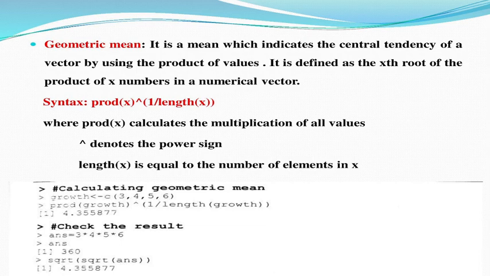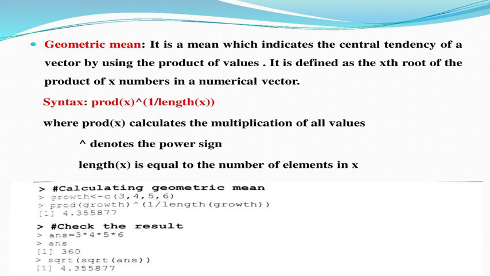The syntax is prod(x)^(1/length(x)), where prod(x) calculates the multiplication of all the values, ^ denotes the power sign and length(x) is equal to the number of elements in x. The first command shows that geometric mean for 3, 4, 5 and 6 is 4.3.